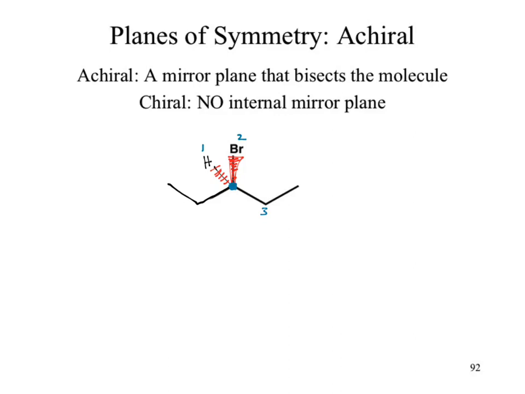CH2 versus CH2, can I tell a difference? No. So what do I do? I go to the next carbon out. CH3 versus CH3, can I tell a difference? No. What do I do? I go to the next atom out. There isn't one, which means those two carbons are identical. Those are threes. Yeah?